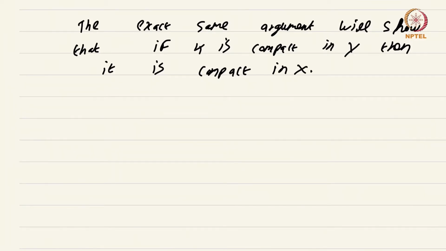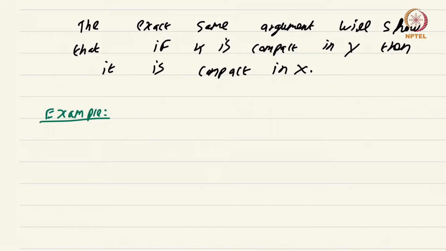Now what I want to do is give a non-trivial example of a closed and bounded set which is not compact. We have already seen one example, but that was rather trivial. I want to give another example to reinforce what is happening, and this is slightly non-trivial. So the example is the following.